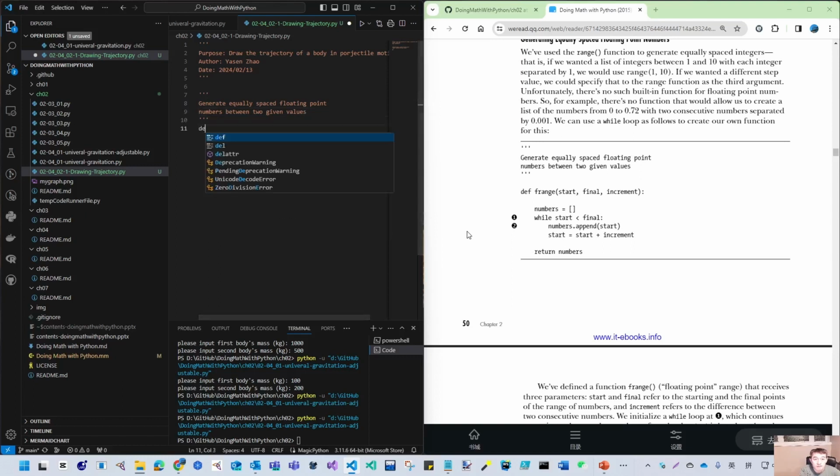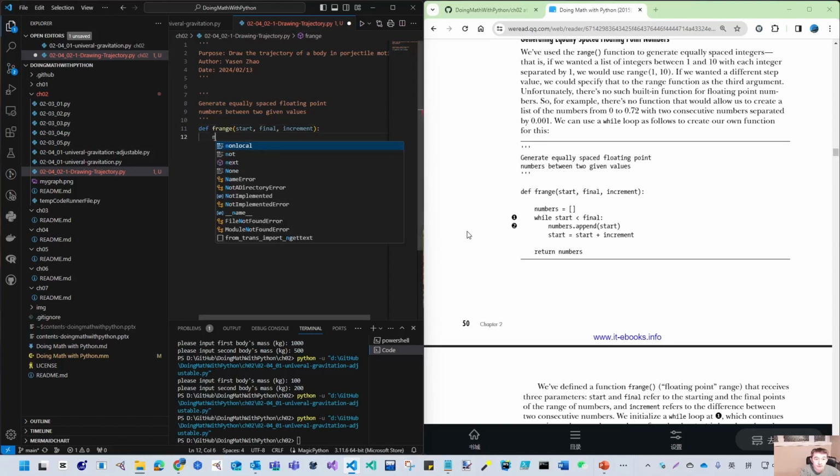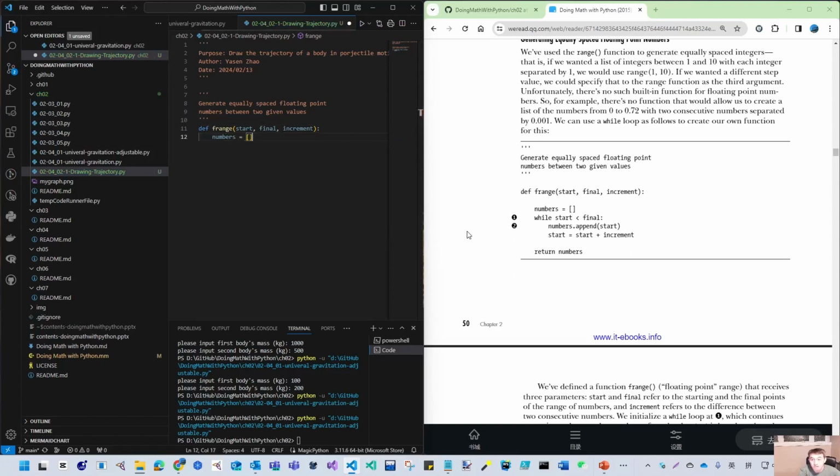So that is def frange, with start, final, and increment. That is just the starting value of the loop, final the ending value, and the step. We have our numbers equal to an empty list.